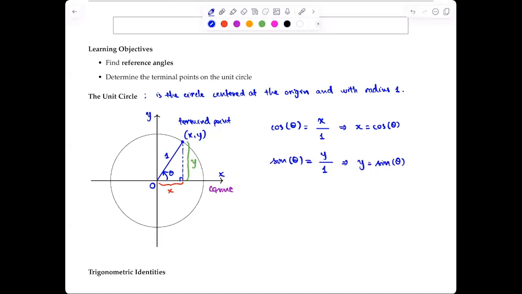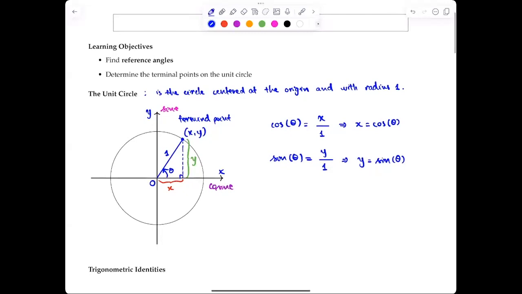So the vertical axis, the y-axis, in terms of trigonometry is called the sine axis. And the point you see, the terminal point, is x comma y. The point consists of two components, the x component and the y component. x is equal to cosine of theta and y is equal to sine of theta.